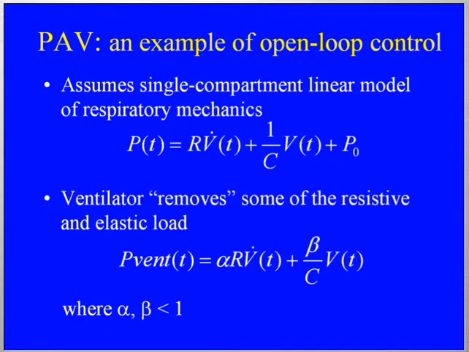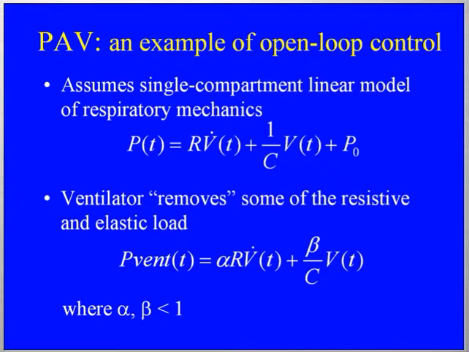Now, we've heard about proportional assist ventilation already, so I don't need to say too much about it, but as it's conventionally conceived, it's an example of open-loop control, where the physician sets the parameters of the ventilation, and it just goes off and does its thing without getting any feedback from the patient on how it's doing.